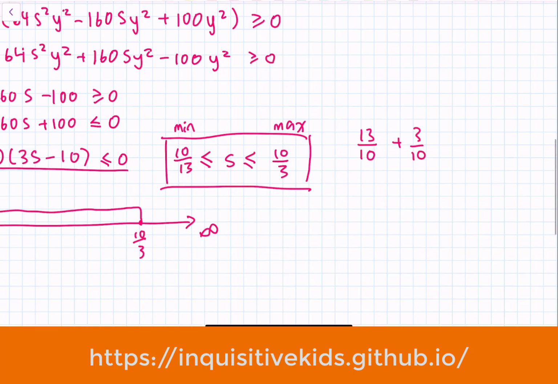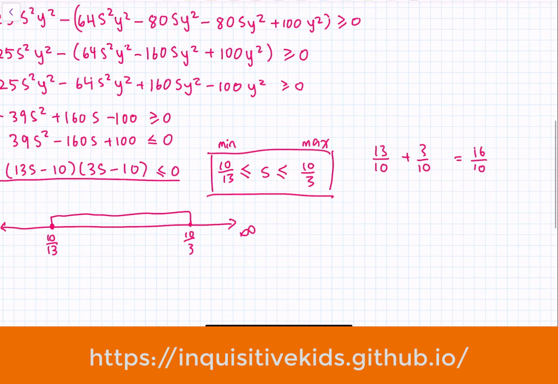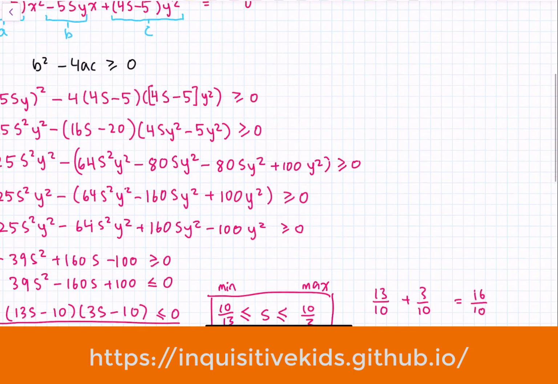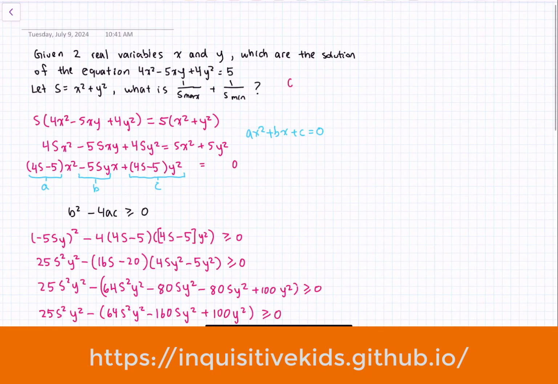We take that and we get 16 over 10. So the answer to our question is actually 16 over 10. And you can go ahead and just put that in decimal form if you want. So we have 1.6. That is our final answer.